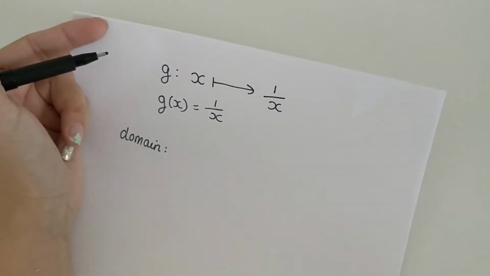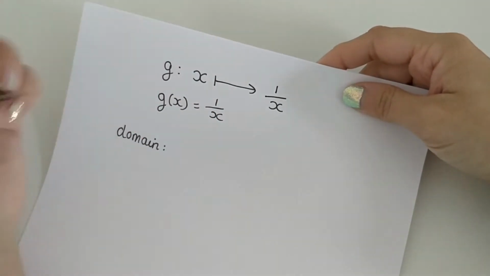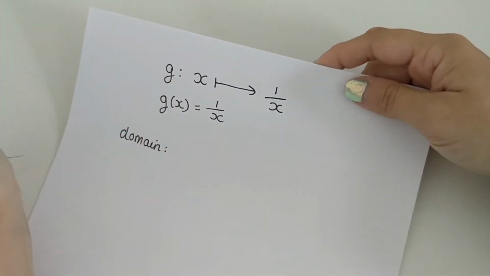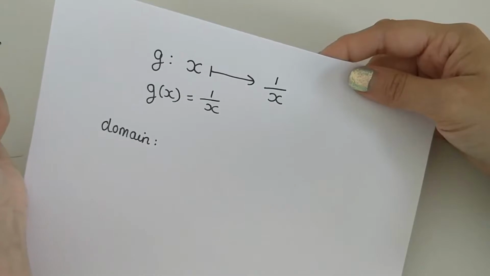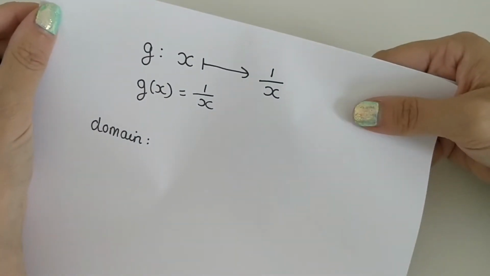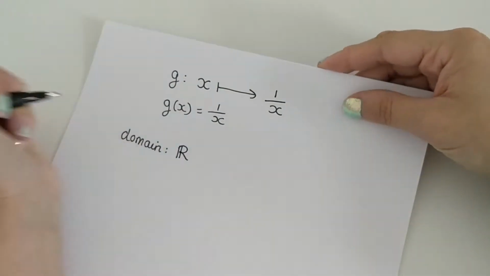Am I allowed to put anything into this function? I could put 2 in, and I'd get a half, that's fine. I could put -4 in, or pi, or the square root of 2. I can put any real number in there.